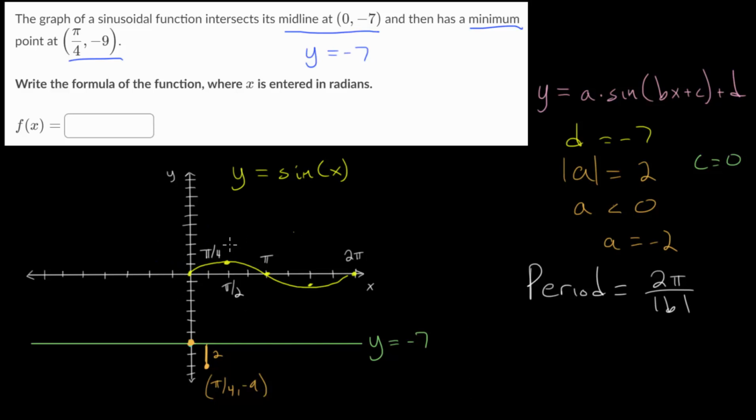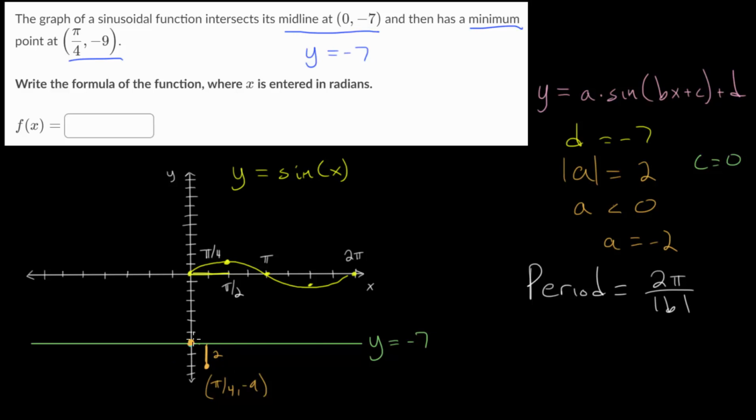But the main takeaway from this is that if we go from a midline intersection point to one of the extrema, either the maximum or the minimum, this horizontal distance here from the midline to an extrema, this is 1/4 of the period. Meaning that this distance right here between these 2 points, this is 1/4 of the period.